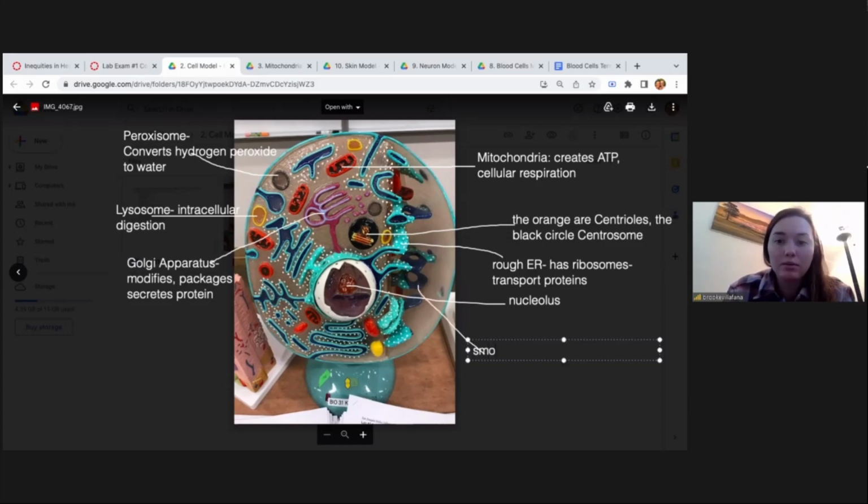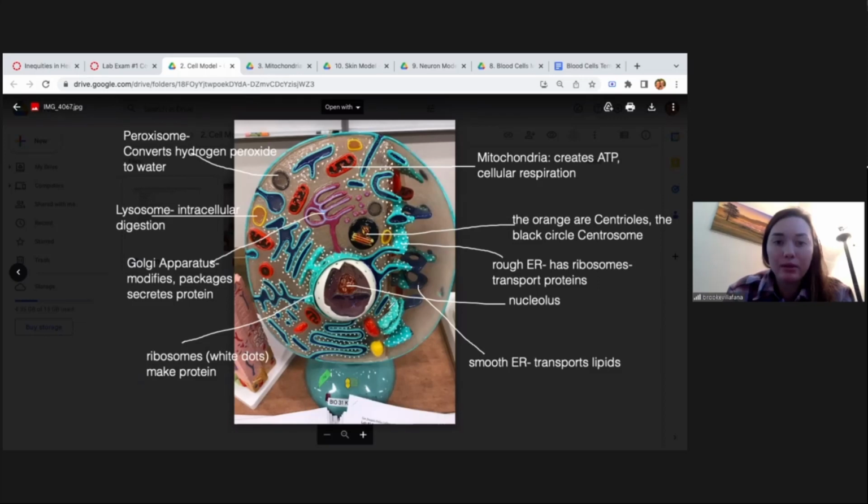Smooth ER transports lipids. And then the ribosomes themselves, those little white dots, make protein.